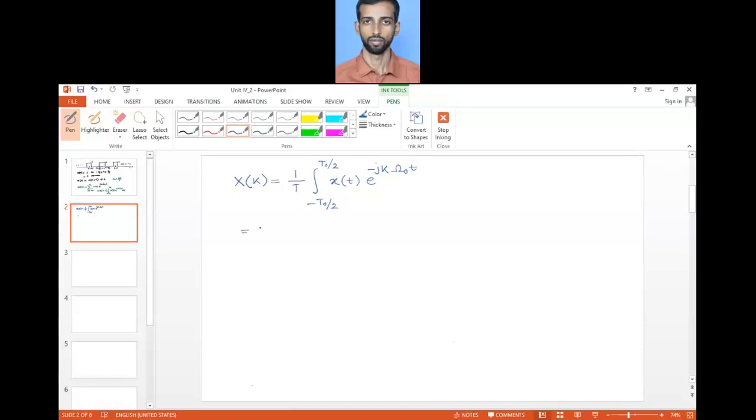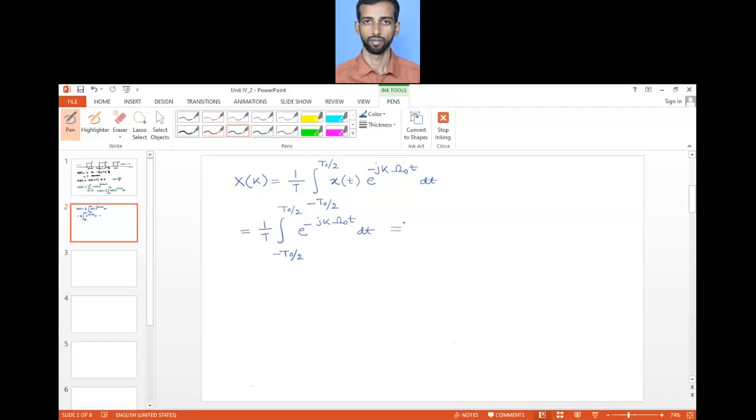That is equal to 1 by T integration from minus T0 by 2 to plus T0 by 2. x is equal to 1, so e to the power minus jk omega naught t, and we should have a dt over there.